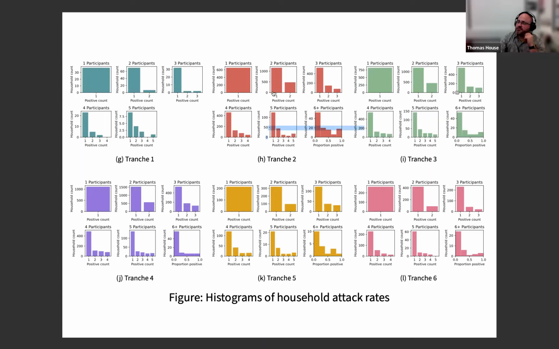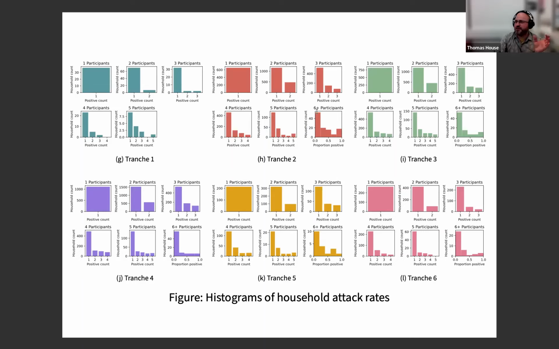And although you can't see it, because the ones with 0 would be enormous, because prevalence is like 1%ish at most in these tranches, the amount that are 2 is much bigger than p squared. Like if you wrote p for the proportion of infections, the number that have got 2 infections in is much bigger than p squared, right? So there's over dispersal in the counts, and that's where the information on transmission comes from.